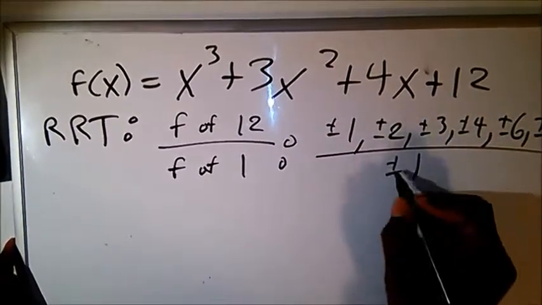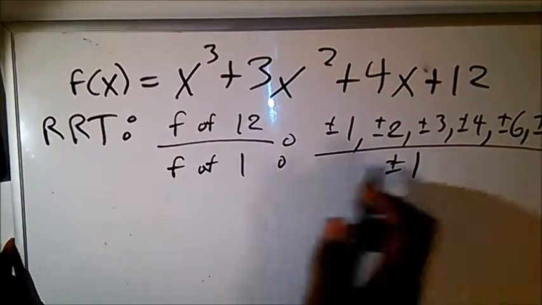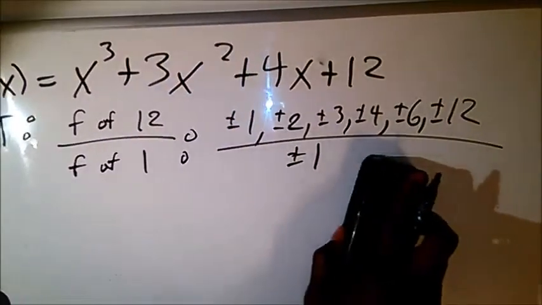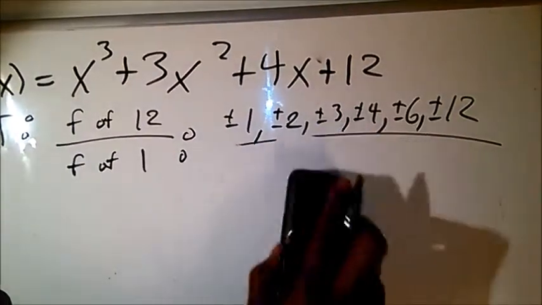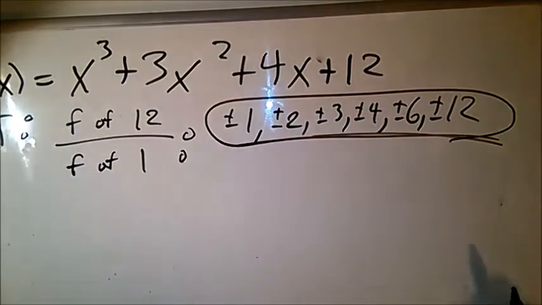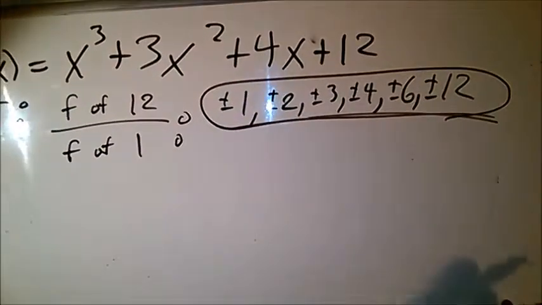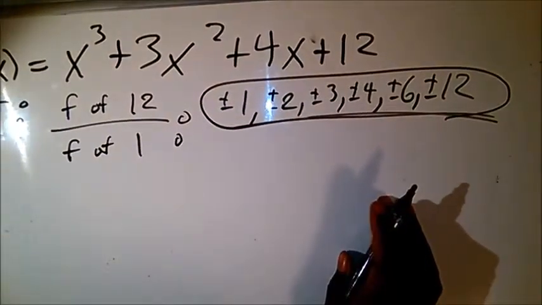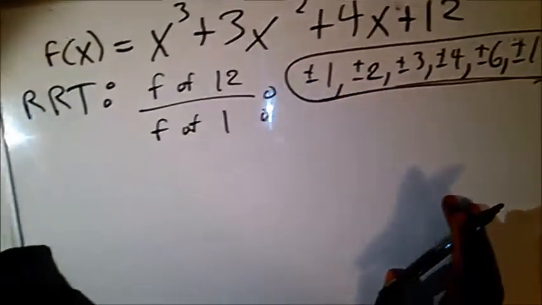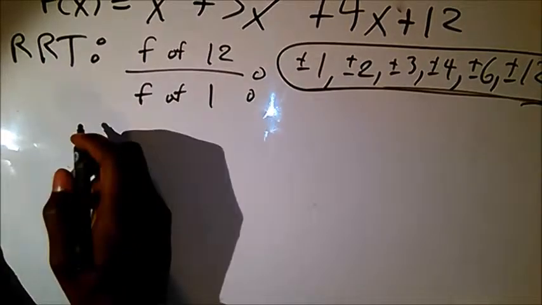And we know, since it's a 1, all of it will be over 1. So this will be all the possible factors. Okay, so now we're going to perform the rational root test on all of them. Hopefully we get a root, so that we can take our shortcut.